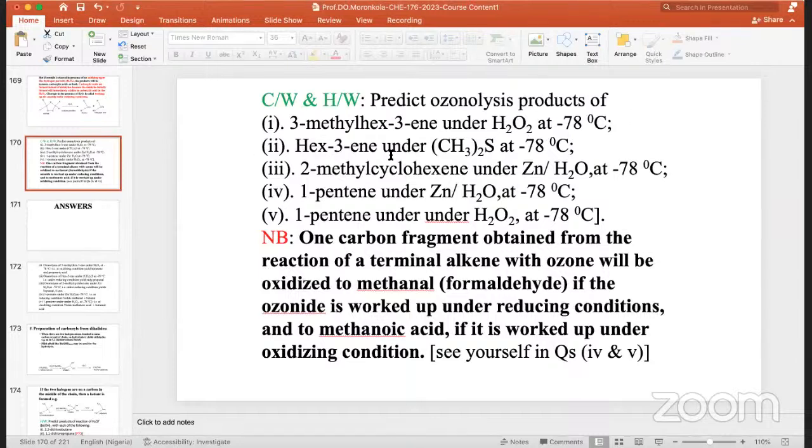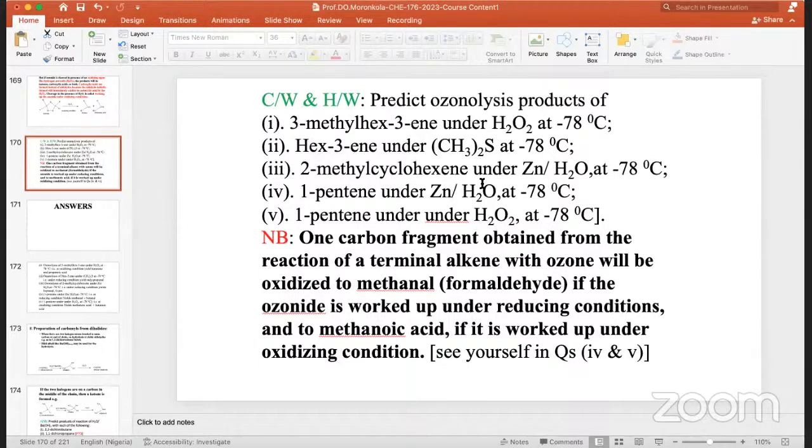The second one, ozonolysis of hex-3-ene, utilizes dimethyl sulfide at -78 degrees, which is a reducing condition. So if one of the carbons is still bonded to a hydrogen, then under reducing condition you observe an aldehyde, except it is not.